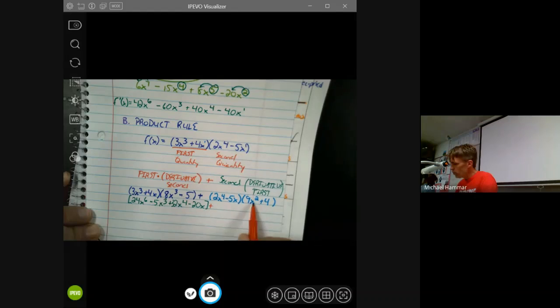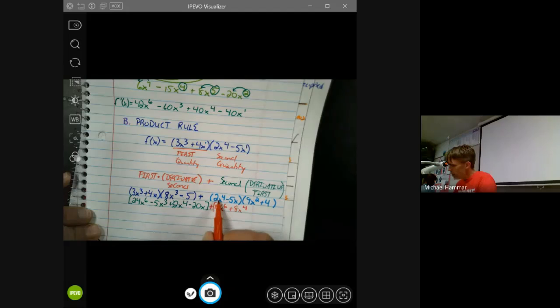So 2x to the 4th times 9x squared is going to be 18x to the 6th. 2x to the 4th times 4 is going to be plus 8x to the 4th. Then we have negative 5x times 9x squared, which is going to be negative 45x cubed.